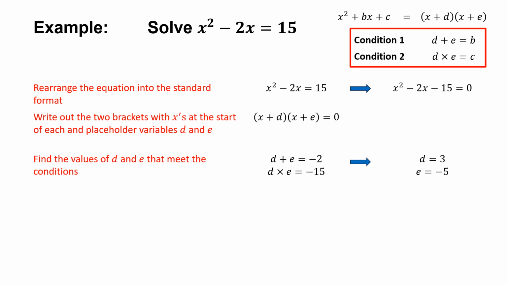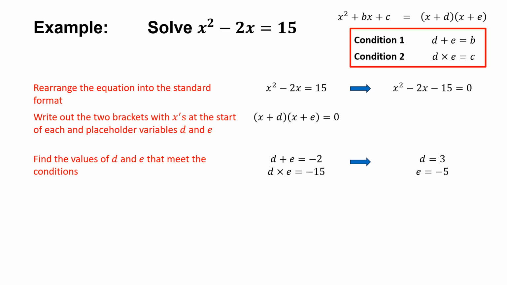First things first, what is our b term here? Our b term is the value before the x, so in this case it is minus 2. As you remember, the conditions were that d plus e equals b, so d plus e is equal to minus 2.